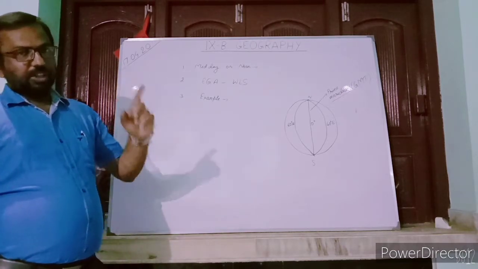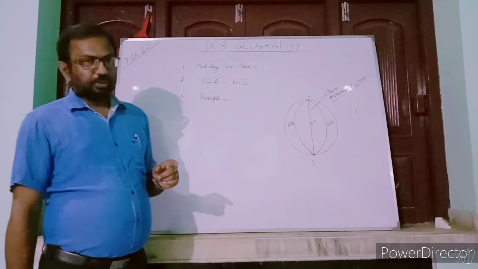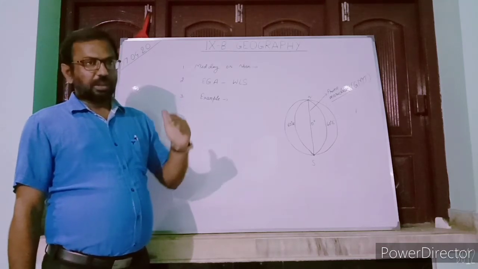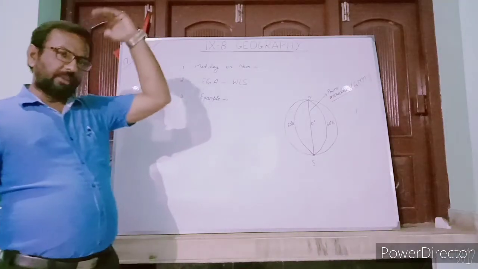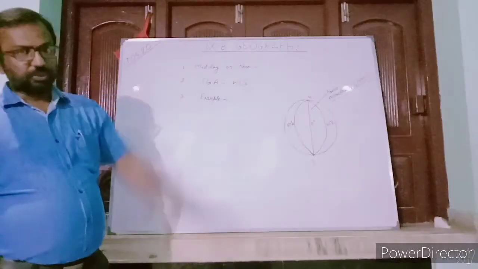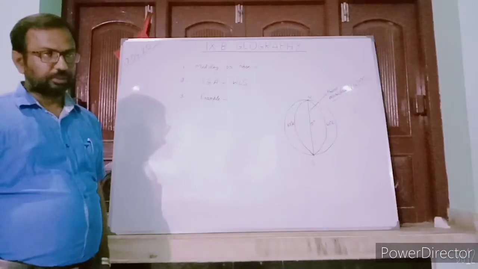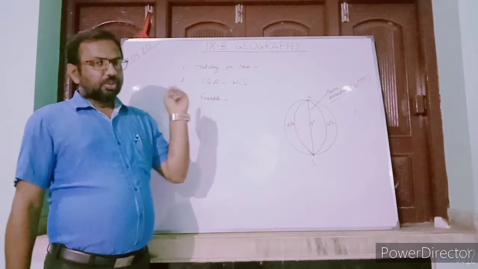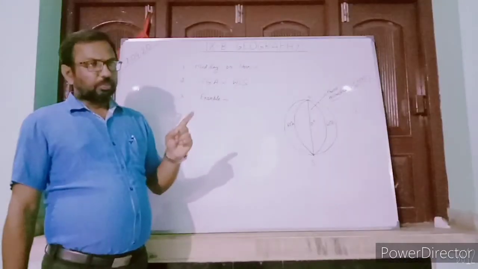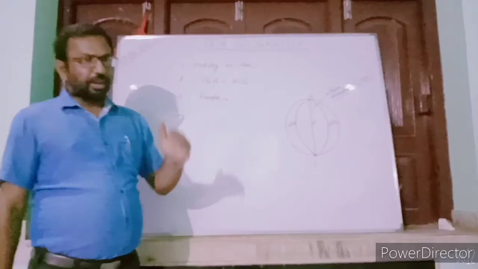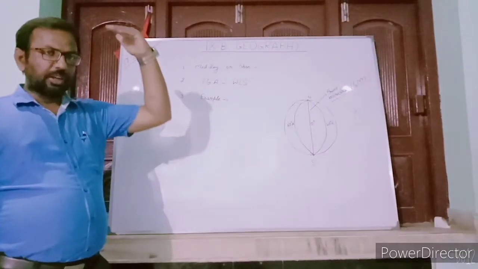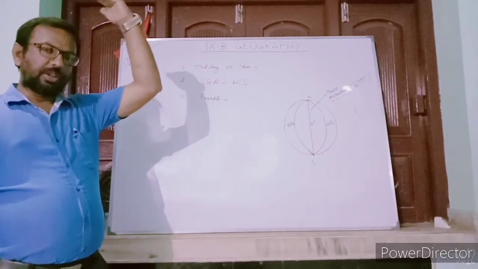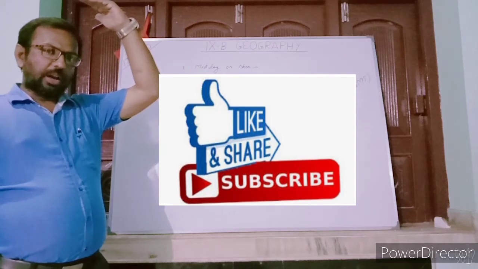For each longitude, once the sun remains above that longitude, there is noon for that longitude, above which the sun remains just at the highest point.